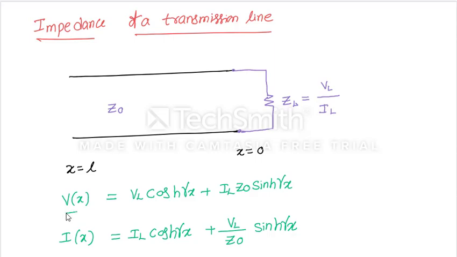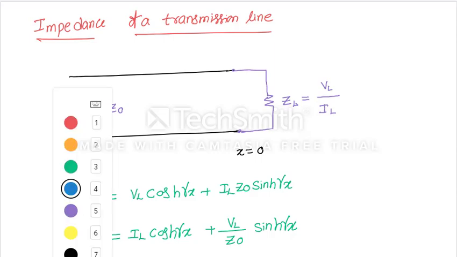What are V of x and I of x? They give the voltage and current at any point inside the transmission line. So V of x will give us the voltage at any point inside the transmission line.